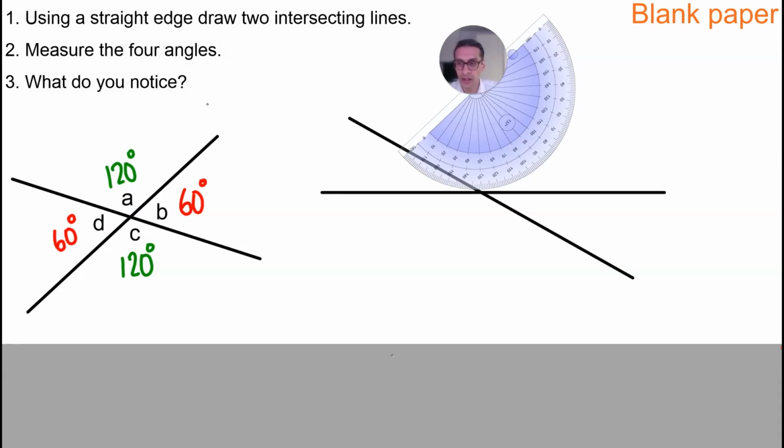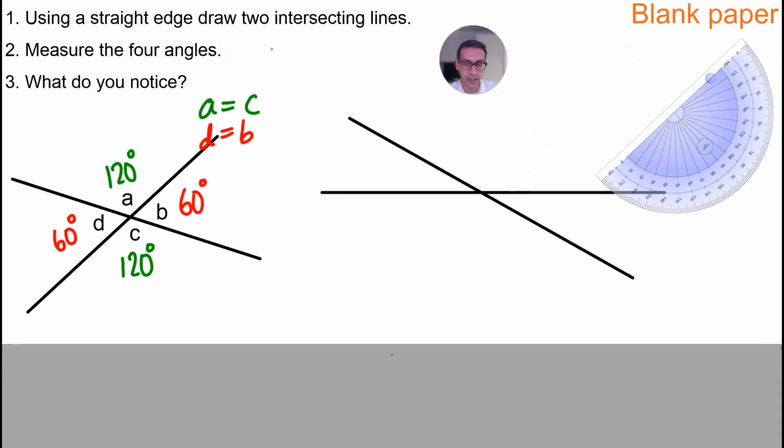So we can say A is equal to C and D is equal to B. Now, if you've done your own version here, what you should have found is A and B are equal. So A is equal to B, and we can also say X is equal to Y.